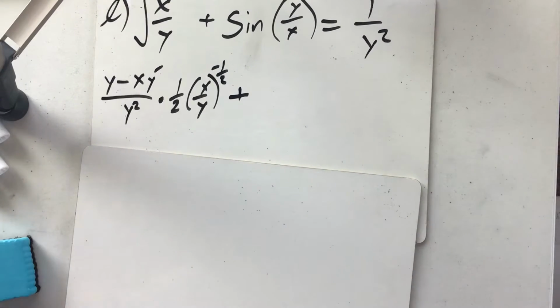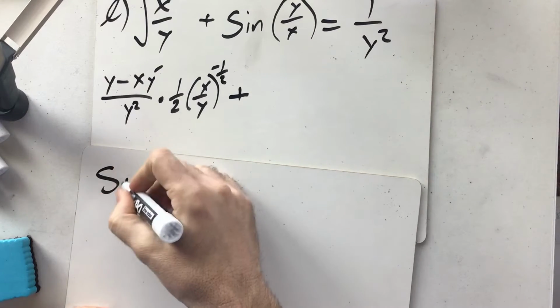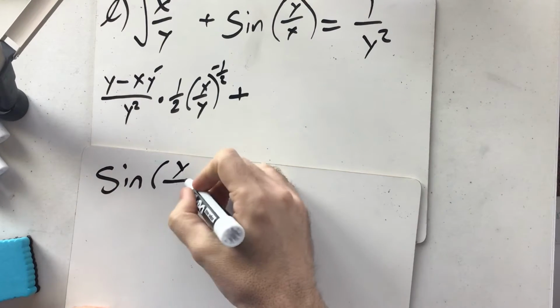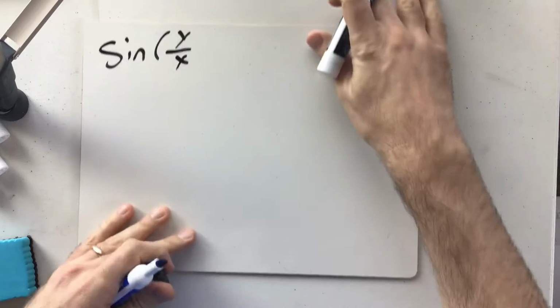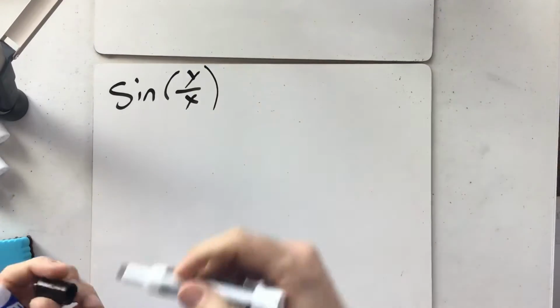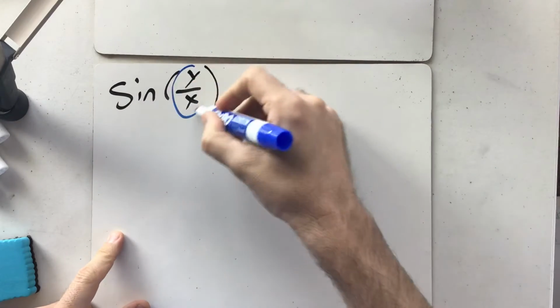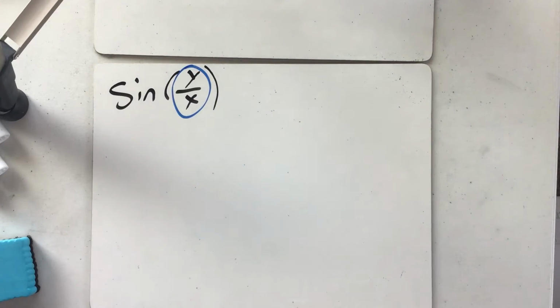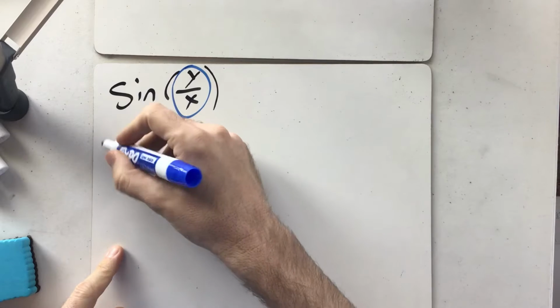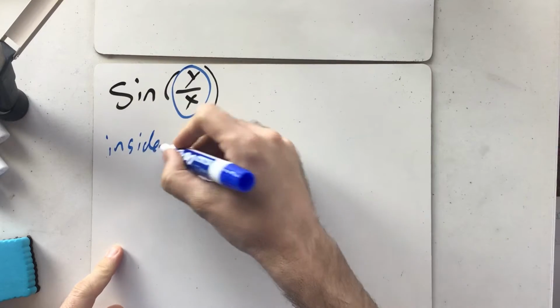So the second part is sine of y over x. Well, this one is going to be really similar to what we did a second ago. We have an inside, which is right here, and we'll have to take its derivative first because we'll have to do a chain rule.